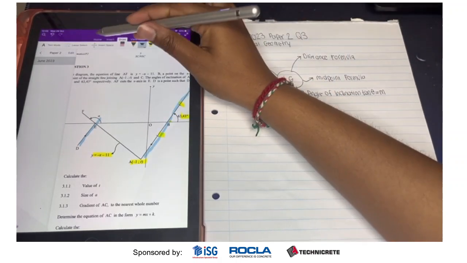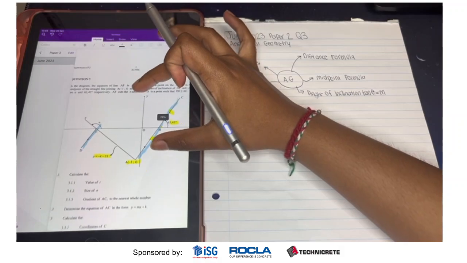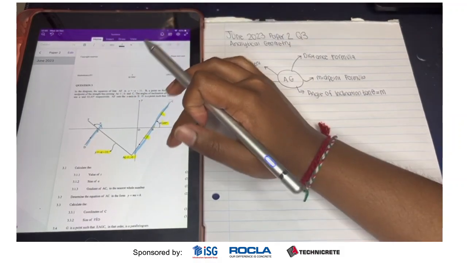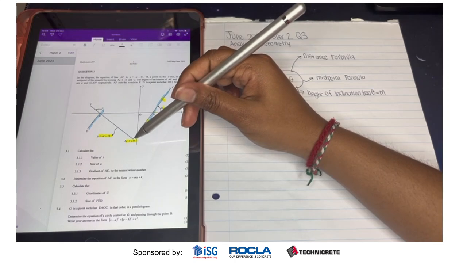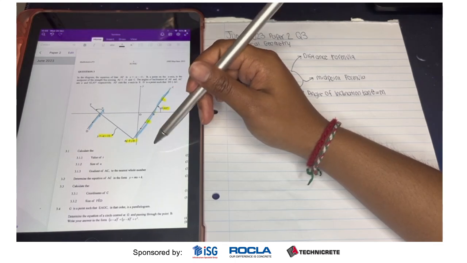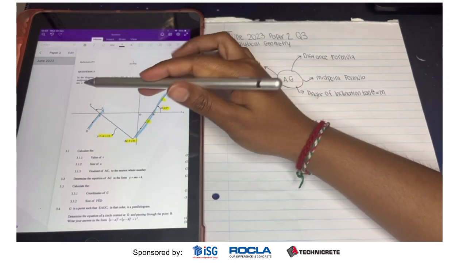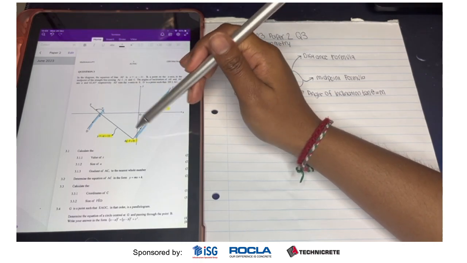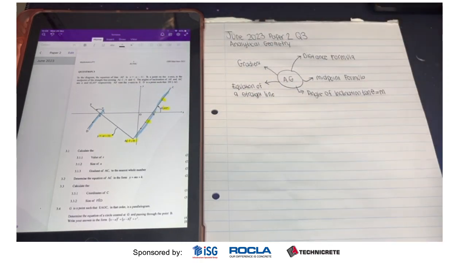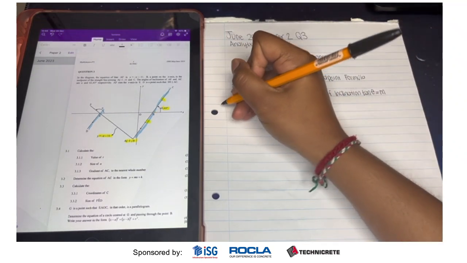Now that we have that, let's look at what we need to calculate first. Firstly, they ask us to calculate the value of t. We get given the equation of that line, we have an x value and we want to find t. So that is a fairly easy question.